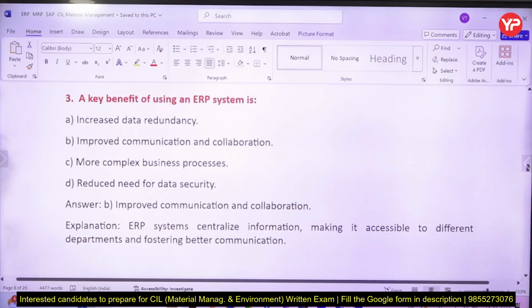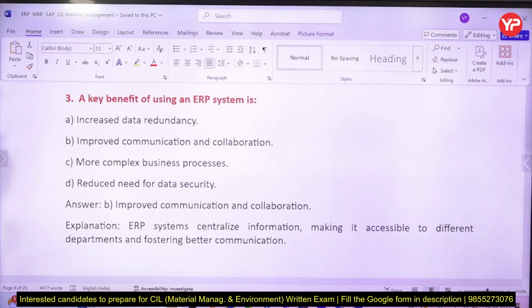What is the key benefit of using an ERP system? It increases the communication between different departments, different stakeholders, different people, and collaboration also gets improved. So ERP is a centralized information system which can be accessed by all the departments, and eventually the purpose is better communication, better collaboration.